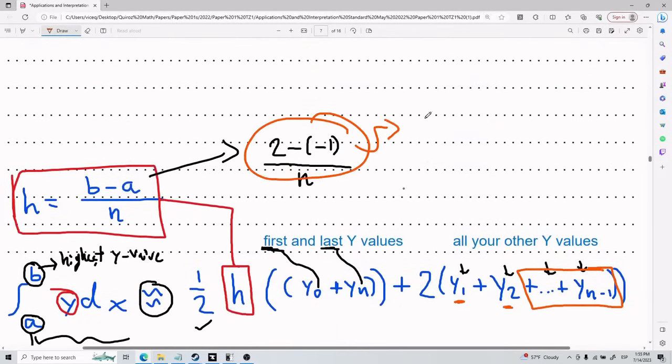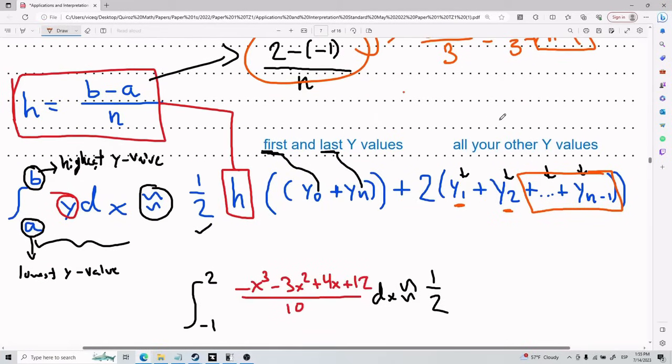So we have 2 minus minus 1 is 2 plus 1, divided by n, which we said was 3. 3 divided by 3, h equals 1. Okay, it's coming together, isn't it? See? Let's plug in h.